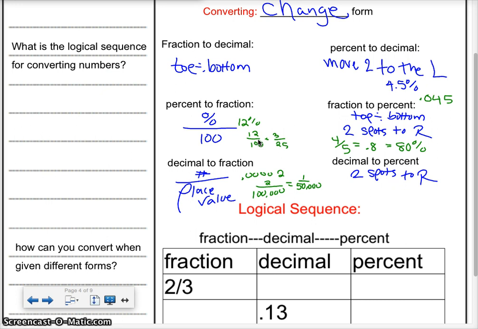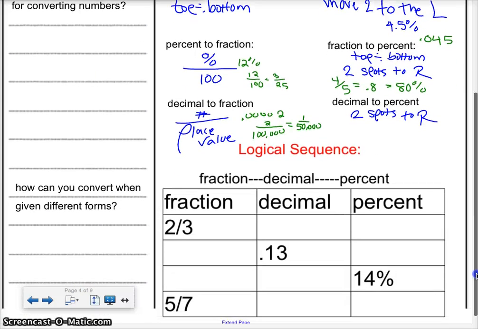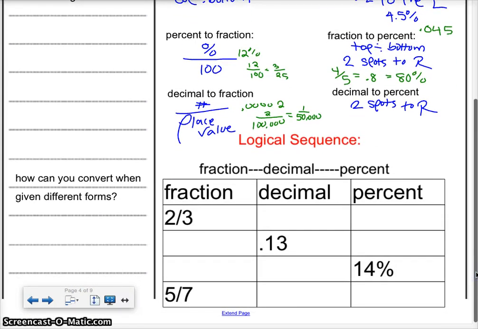The logical sequence, here's how we do this, logically. We always start fraction, decimal, percent. That just is the natural flow of things. For example, if a student, like on the last test you took, let's say you got 25 out of 30, that's how I see it, 25 out of 30.